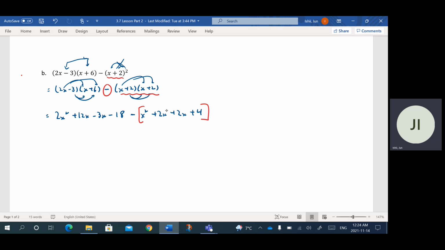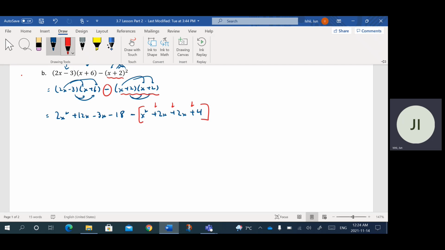Even though it might not be clearly obvious, we need to put the second expansion into a set of brackets, because we're subtracting the whole thing. If you forget to write this in brackets, you're going to end up with the wrong signs here.